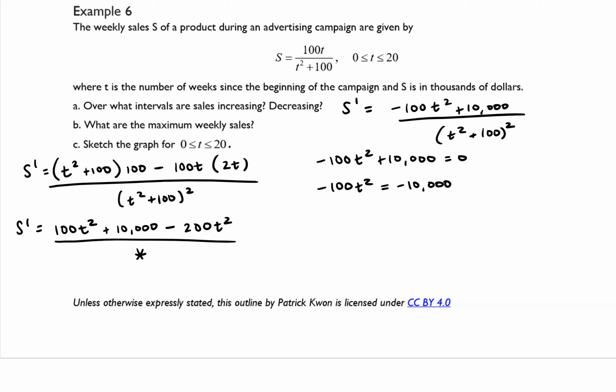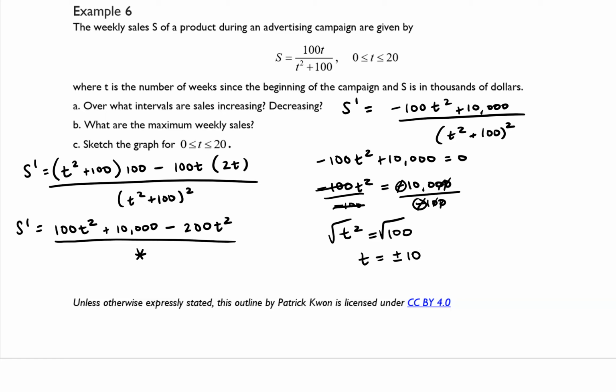If I divide both sides by negative 100, the negatives cancel out, so we get t squared is equal to 100. Then if we take the square root of both sides, we get t is equal to plus or minus the square root of 100, which is 10.